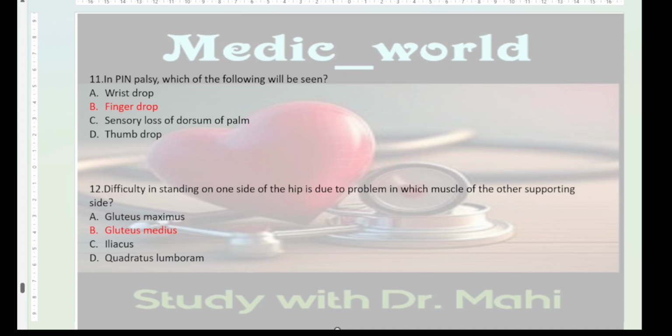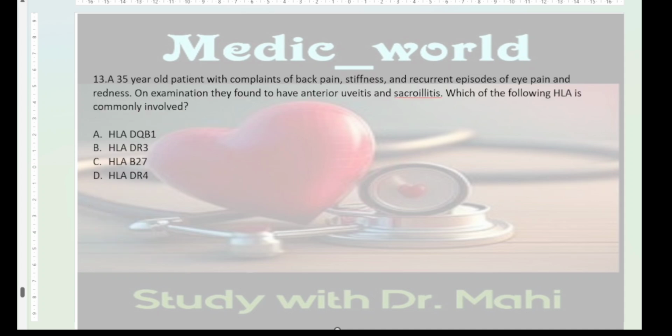Now the last question of this series is a 35-year-old patient with complaints of back pain, stiffness, recurrent episodes of eye pain, and redness. On examination, they found to have anterior uveitis and sacroiliitis.